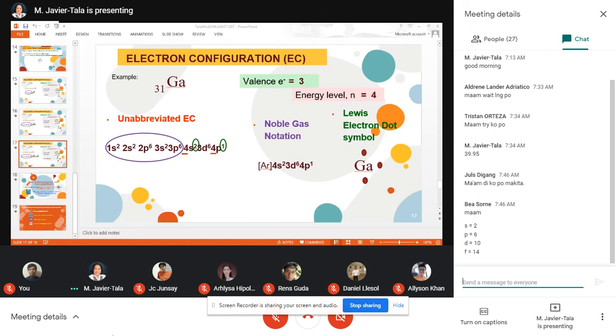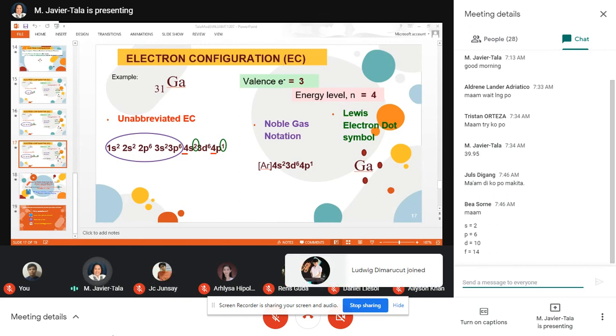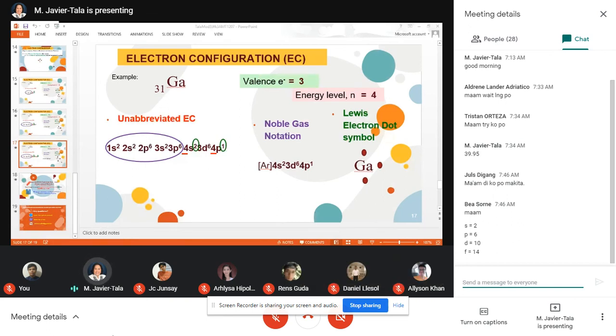Then by looking at your energy levels, we would be able to identify the number of valence electrons. For gallium, it will be the sum of the electrons that are in the fourth energy level. So it will be 2 plus 1. There will be 3 valence electrons for gallium. So you put 3 dots in your Lewis electron dot symbol.